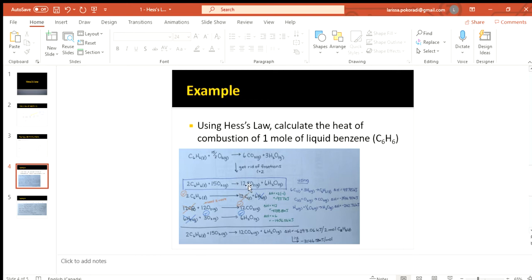It has to add exactly to this. I can't leave this program to actually show you something else, but you'll be able to find these 3 on that page. The reasons why I picked them: I found liquid benzene as one. There's only one reaction that involves liquid benzene, so I know I need to use it.